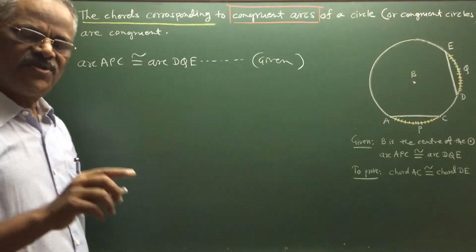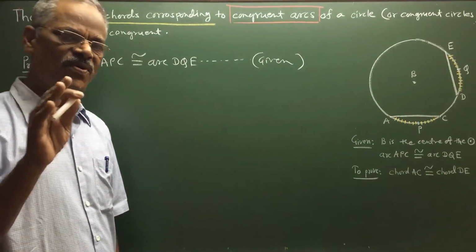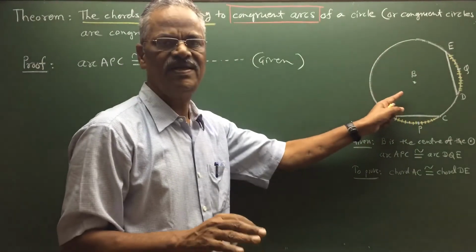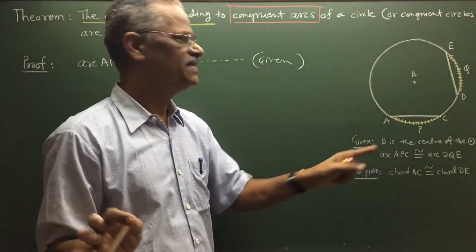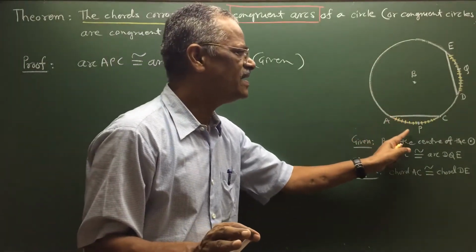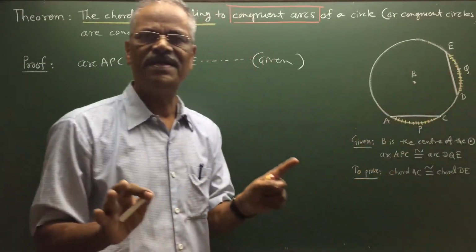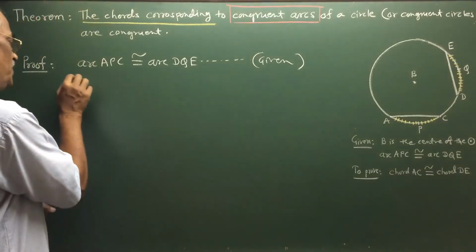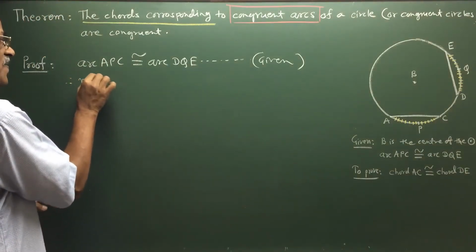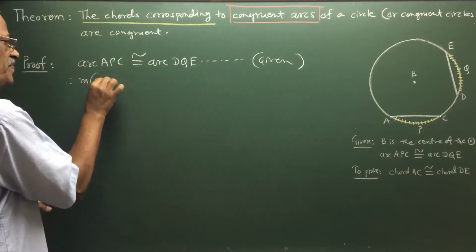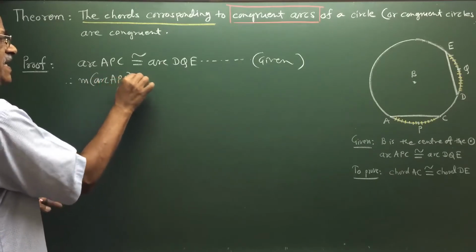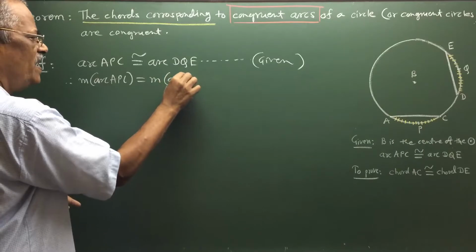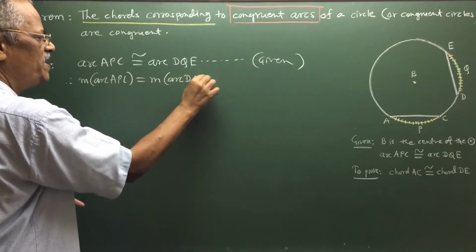And we know by the definition of congruent arcs in the same circle or in congruent circles, if the arcs are congruent, their measures must be equal. So the measure of arc APC is equal to the measure of arc DQE.